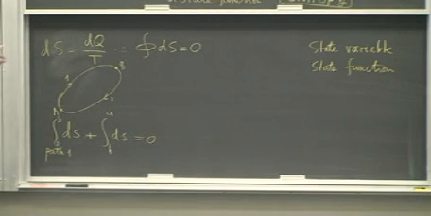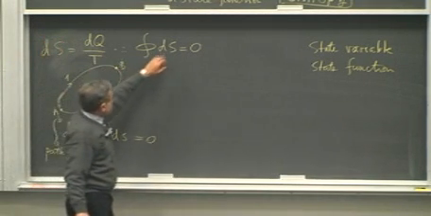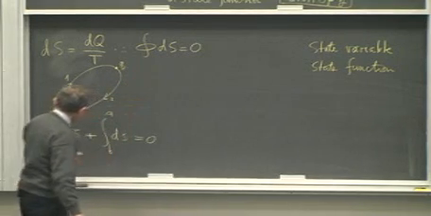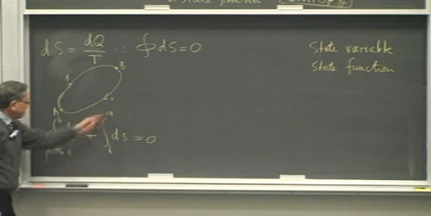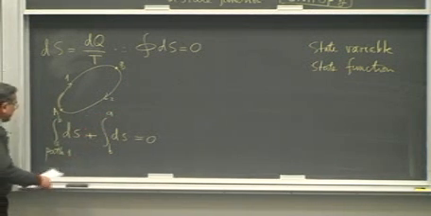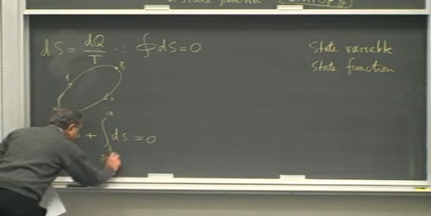So that statement is translated into this statement, and this statement amounts to taking over this path A to B and B to A, coming back. And this is on path 1 and this is path 2.